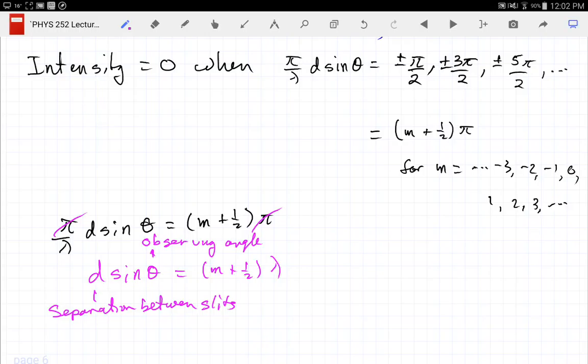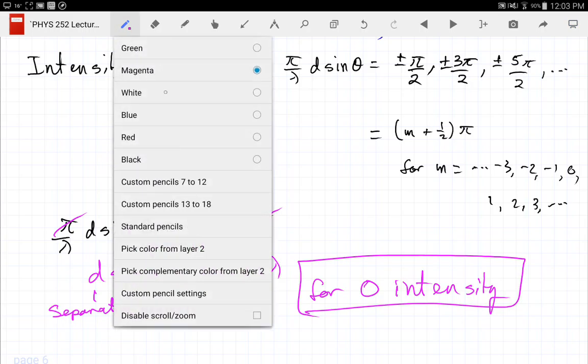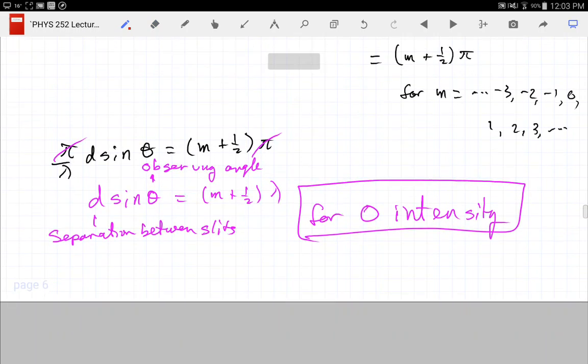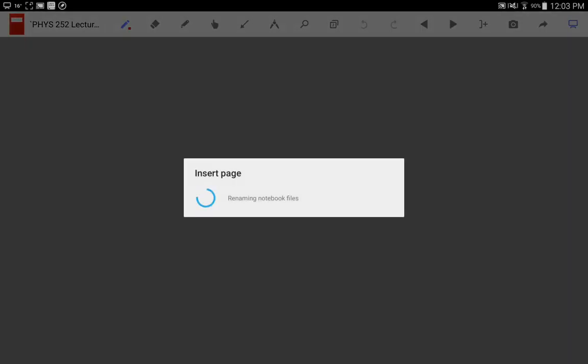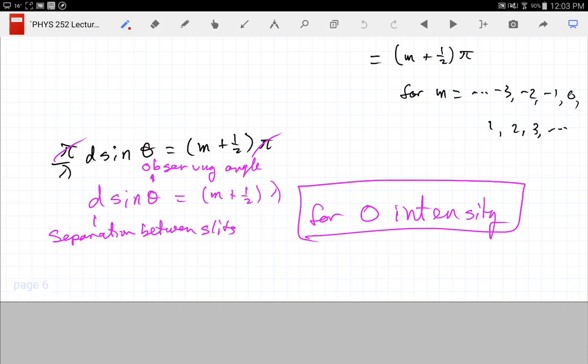So these were the conditions for 0 intensity. Those are where we have dark regions. What about for where we have bright regions? What would change about my derivation if I have a bright region instead of a dark region?